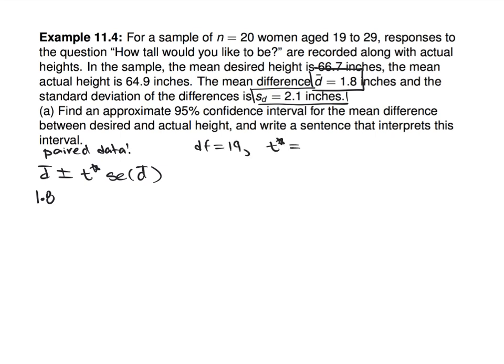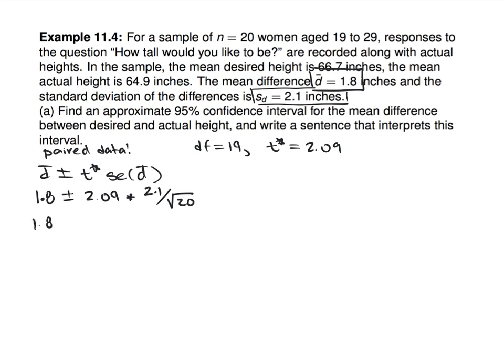So t star equals, I have 2.09 for 95% confidence. So plus or minus 2.09 times the standard error of d bar, which is SD, which is 2.1 over root 20.